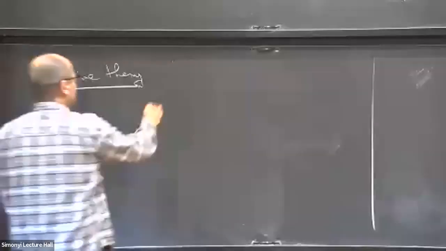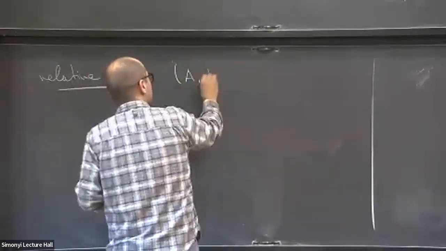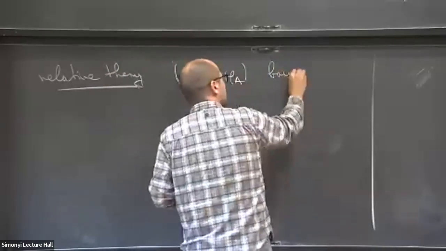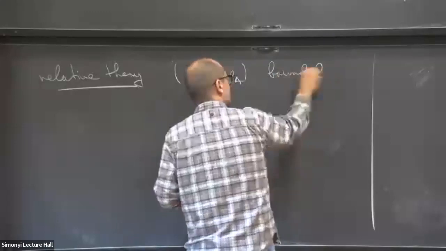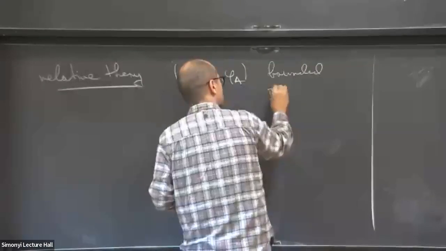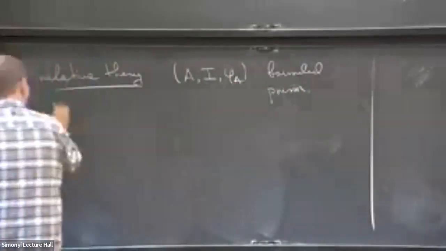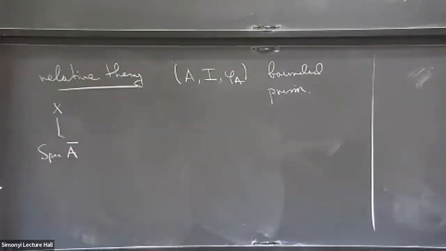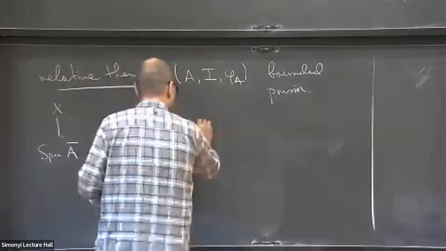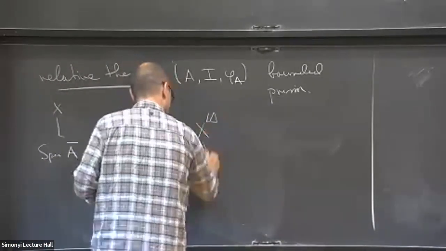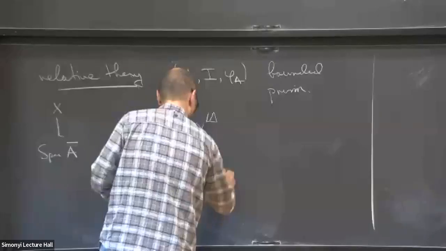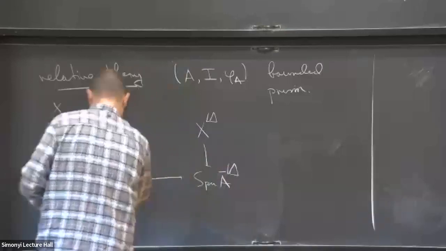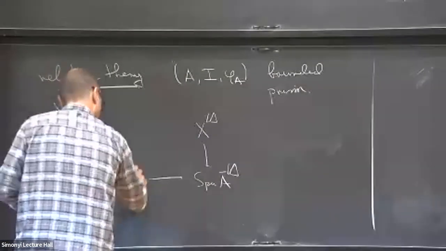So if you start with a bounded prism, bounded p-torsion, and some X to Spec A bar, then you can form the following diagram. Fiber product.